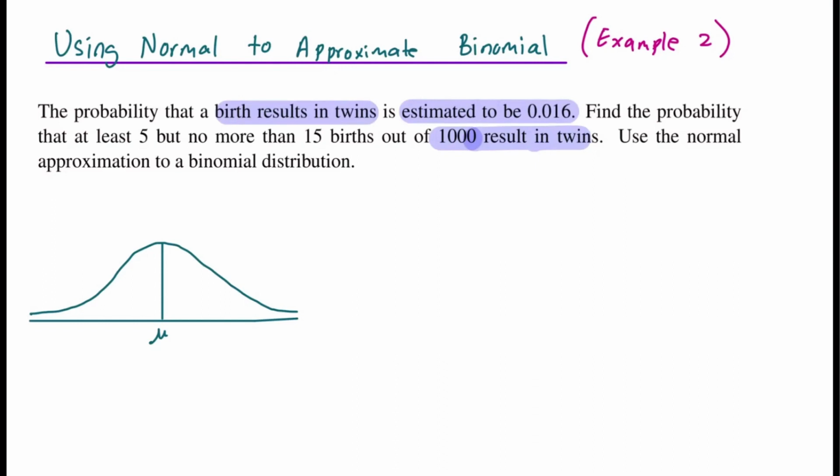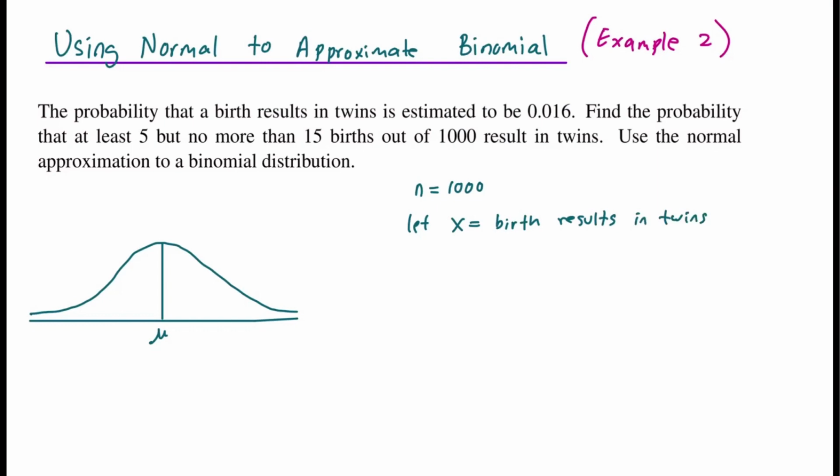So let's suppose that we have the following. We know that n is the number of trials, that's 1,000. We also know the probability of success of the event. So let's use the variable x. So x represents that the birth results in twins. Let's go ahead and write that down.